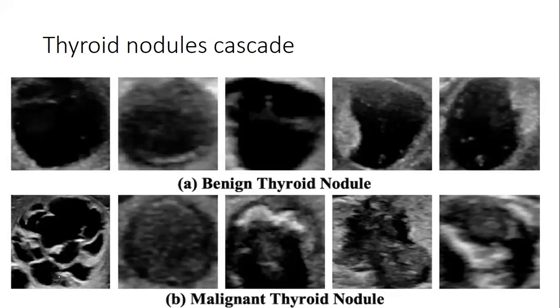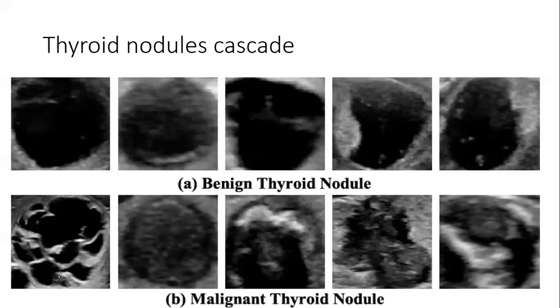Then in the malignant facet, you have certain features like I was trying to highlight from this slide. You have some nodules which will present with cystic components. Also, you have some calcifications within the nodule. Sometimes also the margination: these are poorly marginated, sometimes wider, and they are taller.